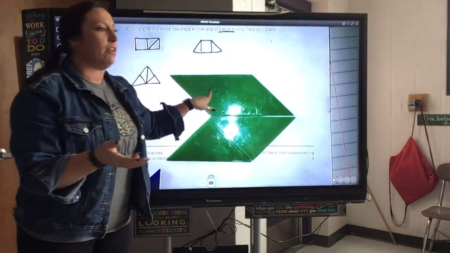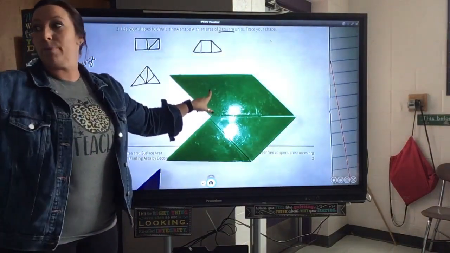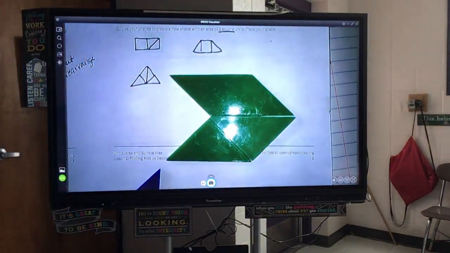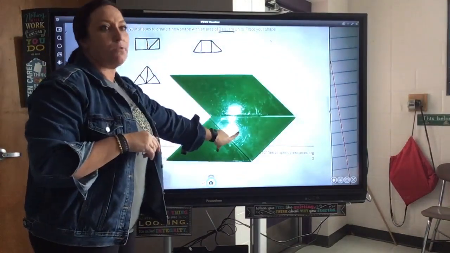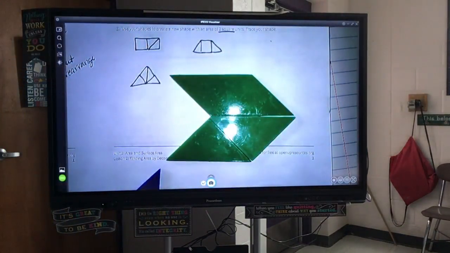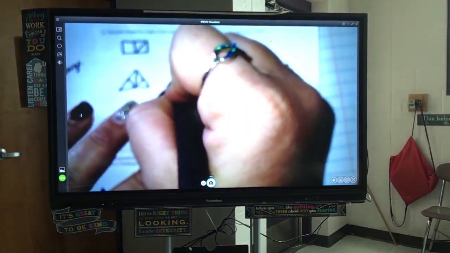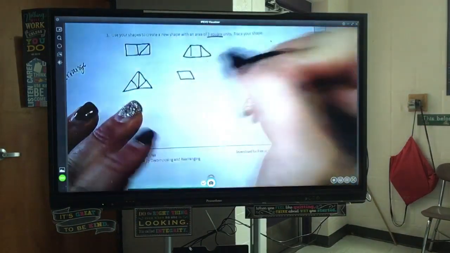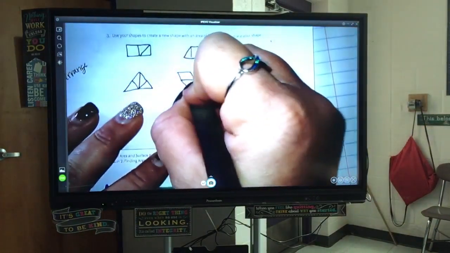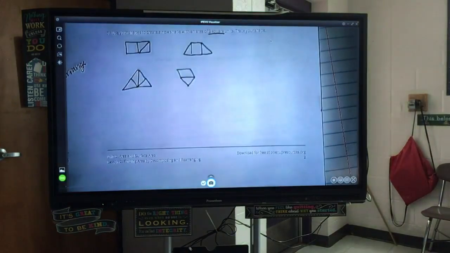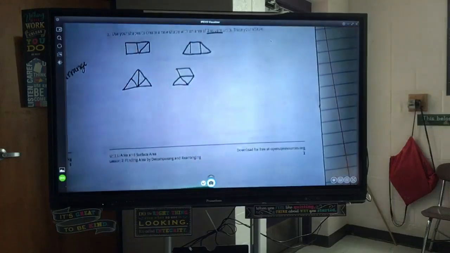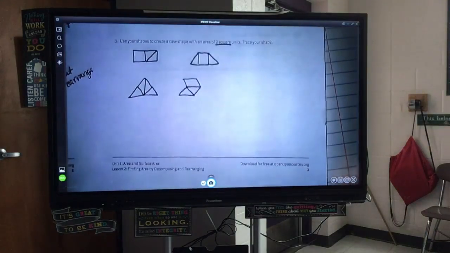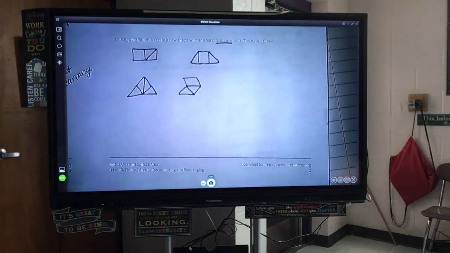You already made a parallelogram that we drew for question number 2. So now we take a parallelogram and 2 triangles. What's our total square unit? 2. All right, so this one is weird. All right, so those are the shapes that you can create when talking about 2 square units.